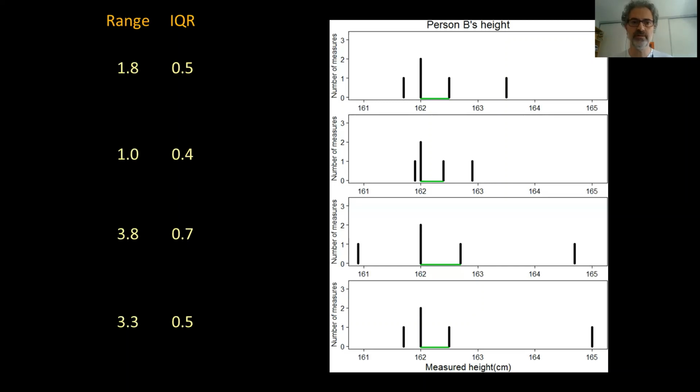So here, where the data set is truly more condensed, we have a smaller interquartile range than the original data. And here, where we have everything more expanded, we have a larger interquartile range. In the last case, where we just have a mistaken value, an outlier, interquartile range is not affected.